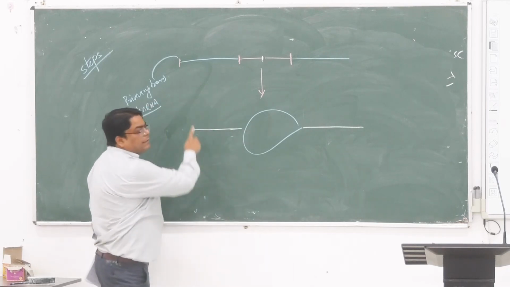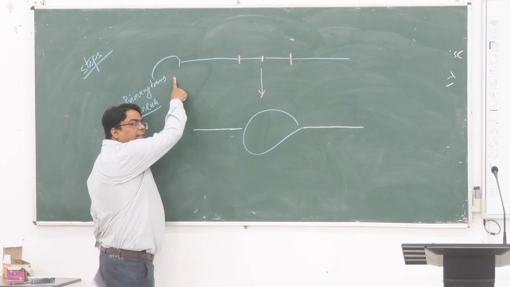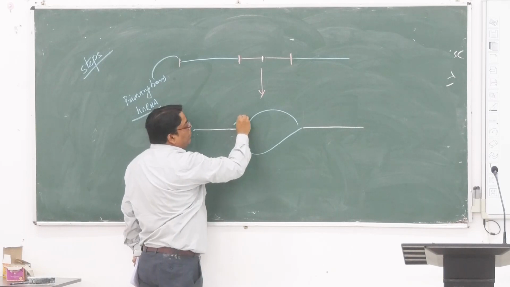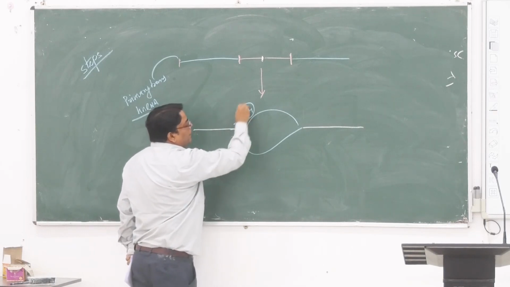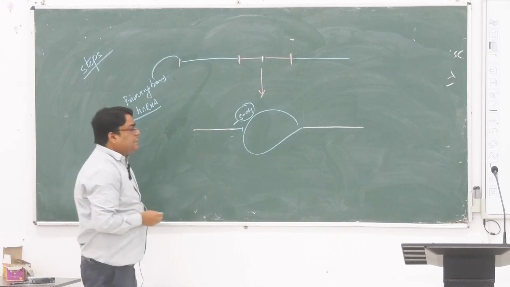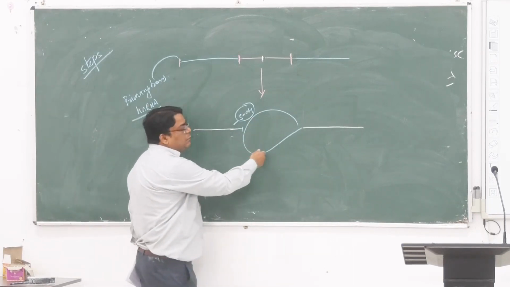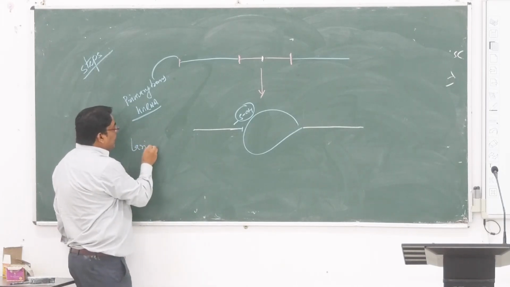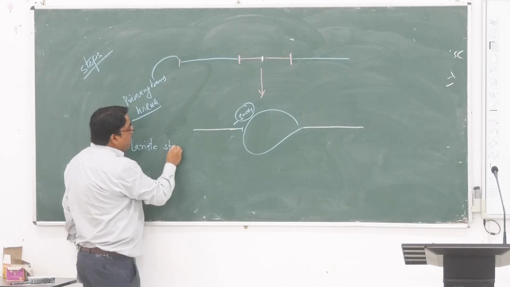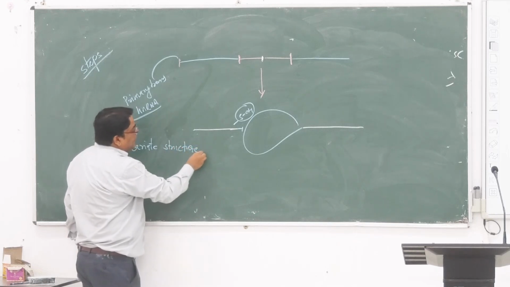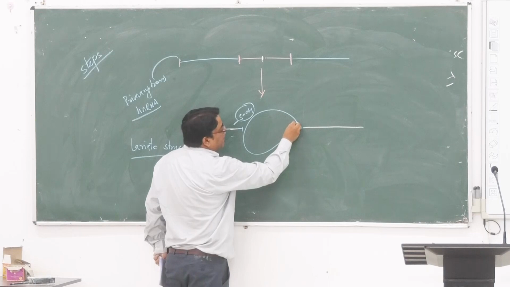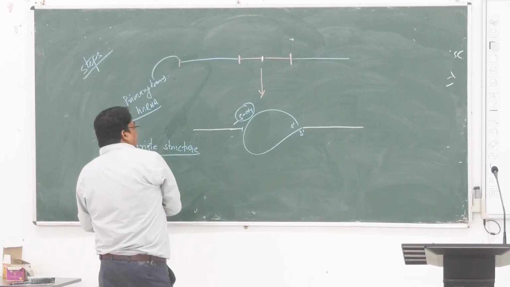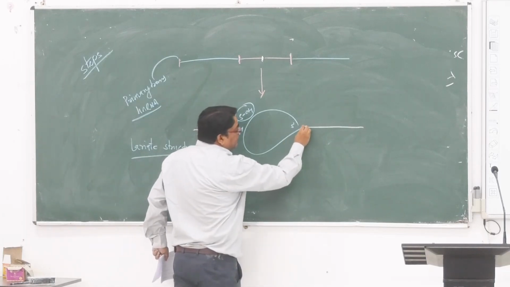So the first point is recognition. The second point is cutting at the particular 5' OH group. The third step is formation of the lariat. This loop-like structure is called the lariat structure, which contains the 5' and 3' groups. And lastly, it also cuts from the 3' direction.